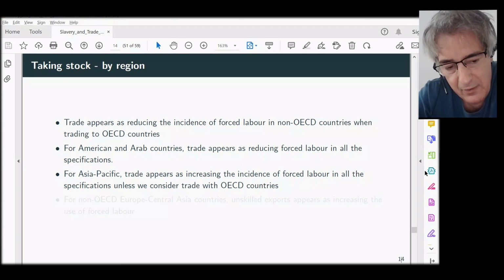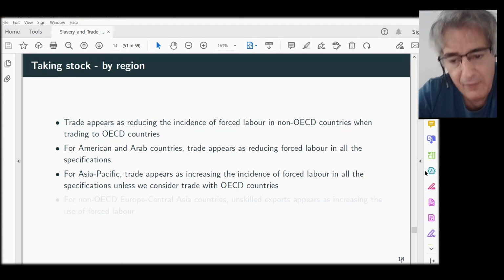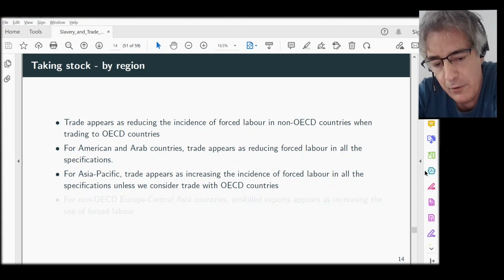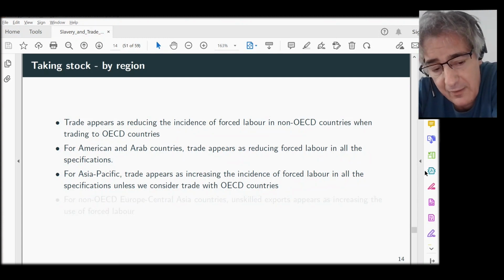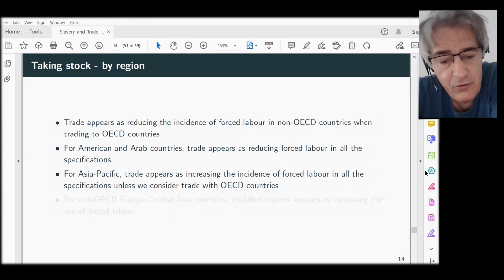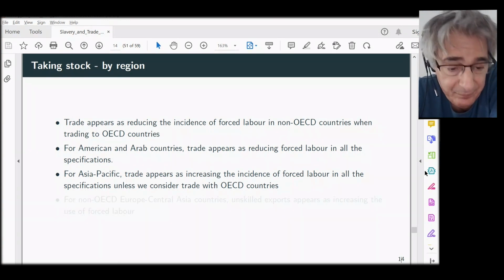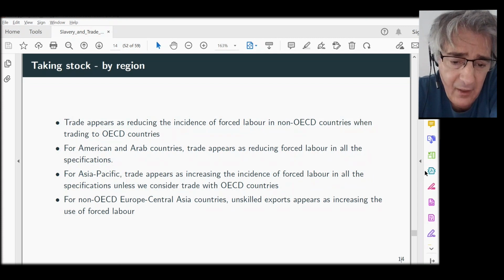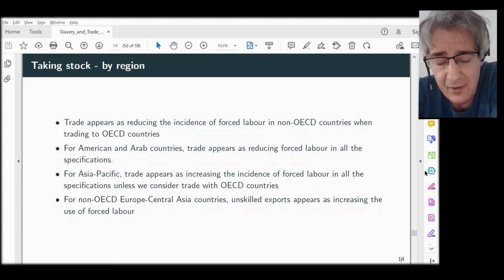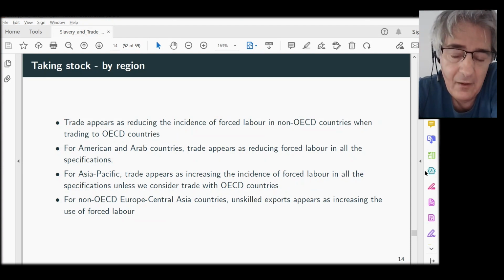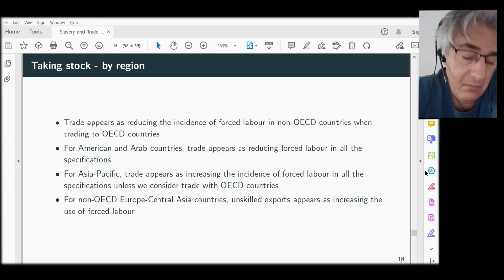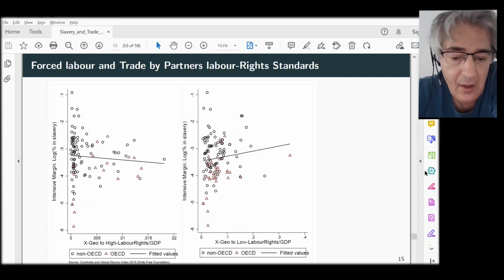So Asia Pacific, in engaging in trade with other countries, is going to increase the use of forced labor, except when we consider trade again with OECD countries. For non-OECD, Europe, Central Asia countries, the channel through which trade is affecting forced labor is mainly products that are using unskilled labor increasingly, as we would expect.